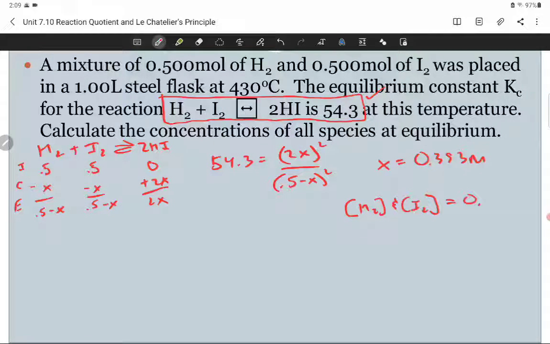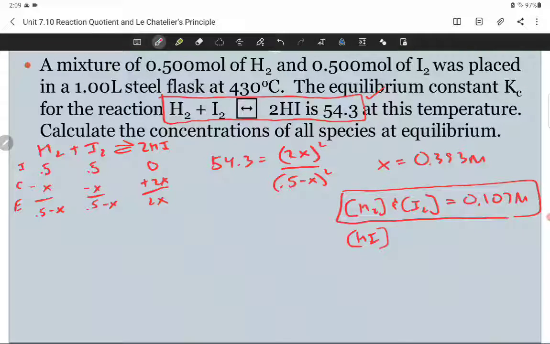So let's write that down here. And then for the HI, it's 2 times 0.393. Okay, so we've done that kind of question a number of times.